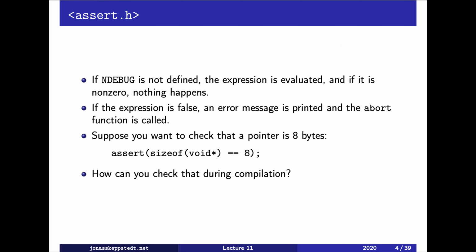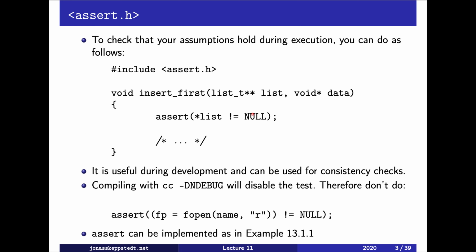Okay, so define this if you don't want to pay the execution time for these tests. Of course, such tests can be quite harmless and not cost very much, but there can of course be calls to functions which do consistency tests, which can take a lot of time.